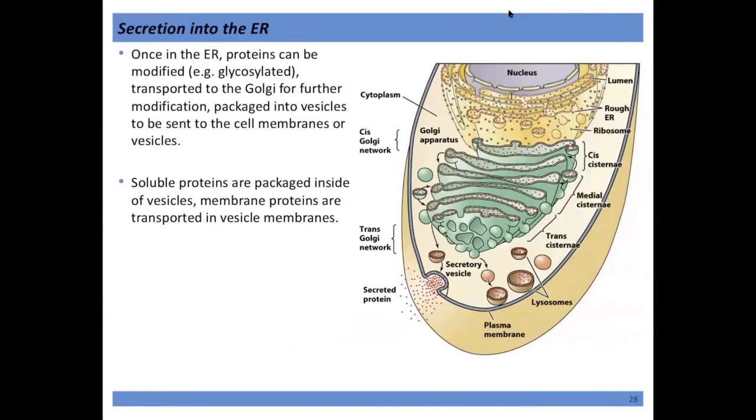And so once we get these proteins into the endoplasmic reticulum, let's walk through here. The mRNA is going to come out of the nucleus. It's going to bind to one of these ribosomes and go through that process.